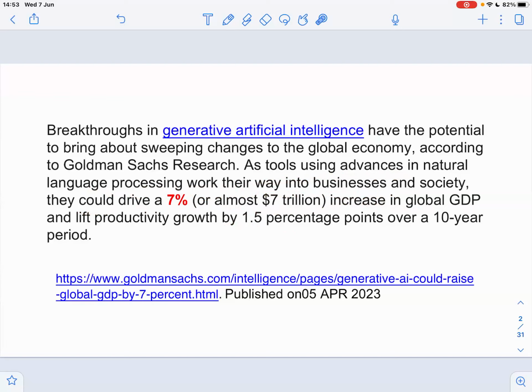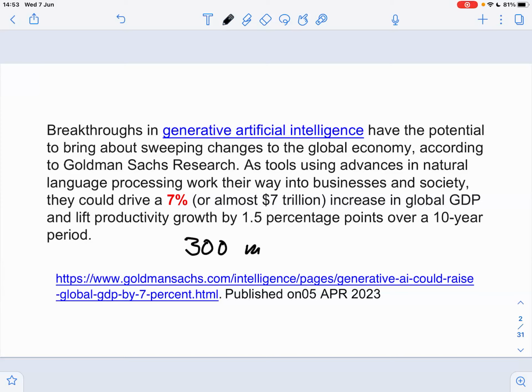And they also claimed that they predict that generative AI will affect around 300 million jobs in one way or another.